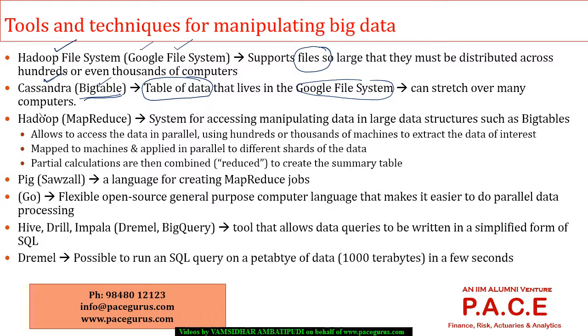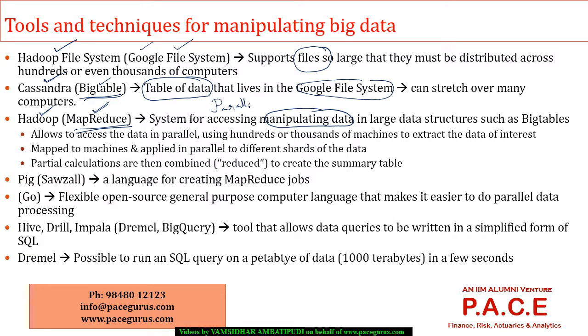Now coming to Hadoop. Hadoop is a version that came out of Google's MapReduce. Google had a tool called MapReduce, and Hadoop is an open source version of the same. This framework is to access data distributed across multiple computers in parallel.